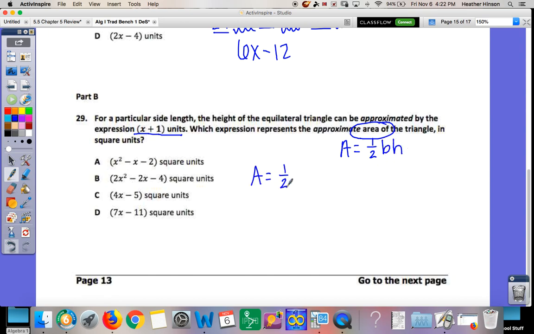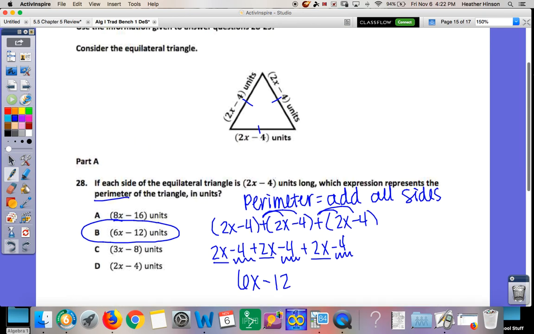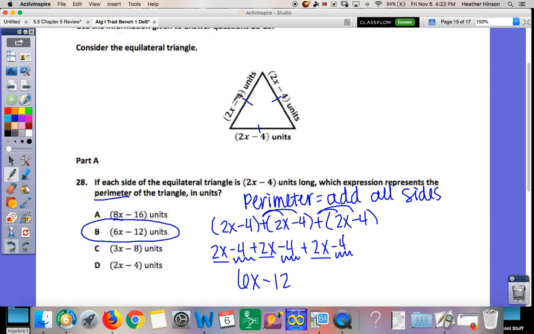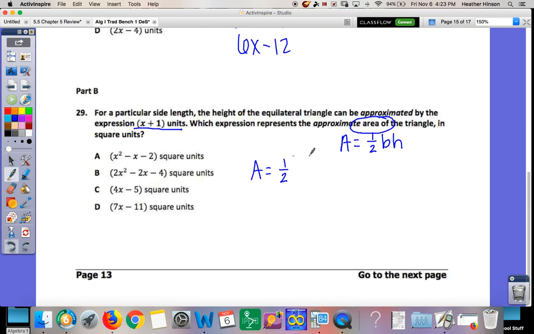So we got 1/2. What's our base? Well, if we go back to that diagram, all of the bases there were 2x minus 4. So that's your base. And then your height, they gave you in the words. They gave you x plus 1 for the height of the triangle.